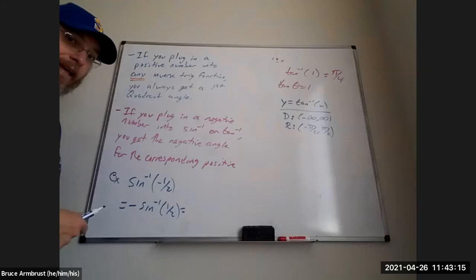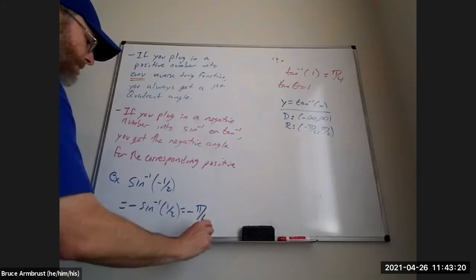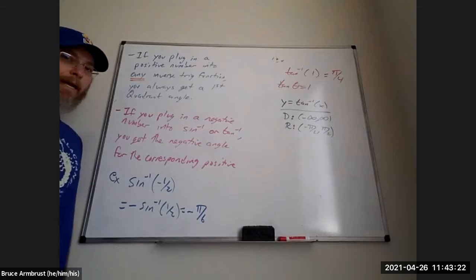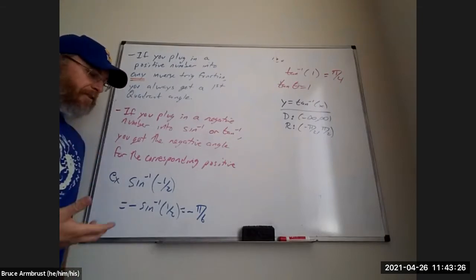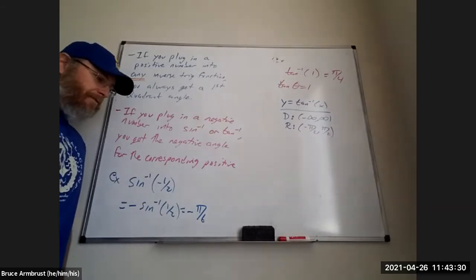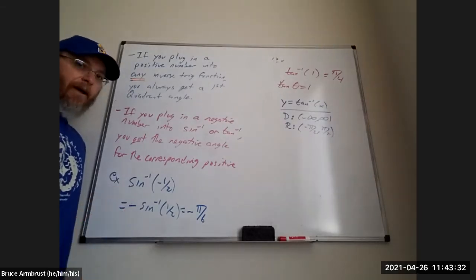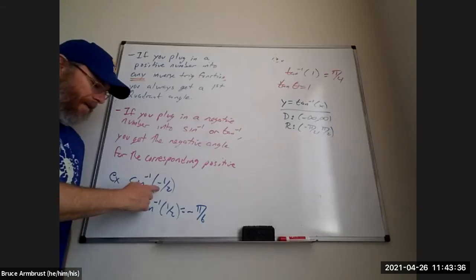The first time we run into that is at pi over 6. So this guy is minus pi over 6. So sine inverse of 1/2 is positive pi over 6. So sine inverse of negative 1/2 is negative pi over 6. In essence, that minus sign comes out front.